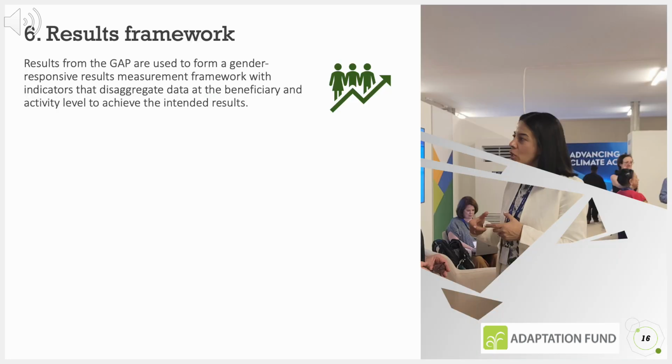Step 6. Results from the Gender Action Plan are used to form a gender-responsive results measurement framework with gender-sensitive indicators that disaggregate data at the beneficiary and activity level to achieve the intended results.